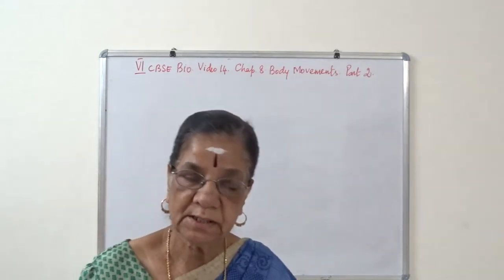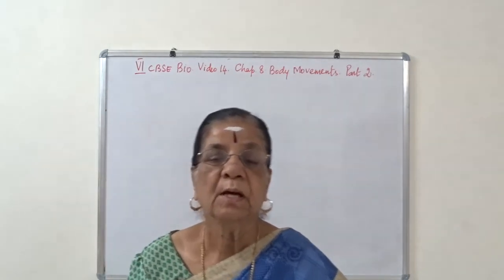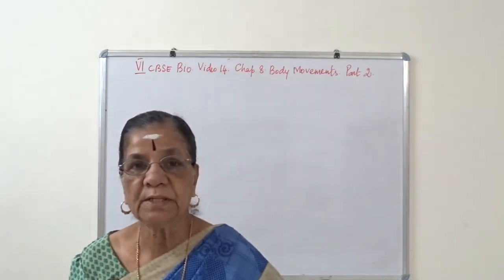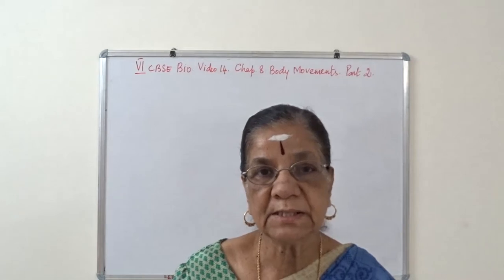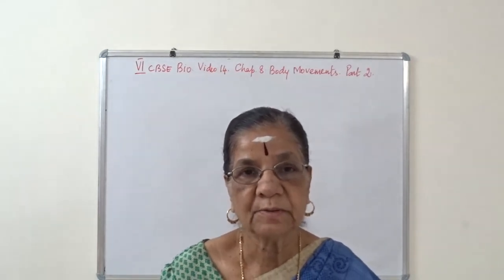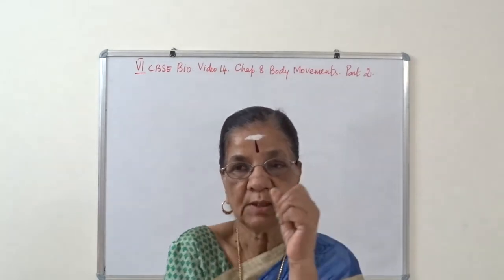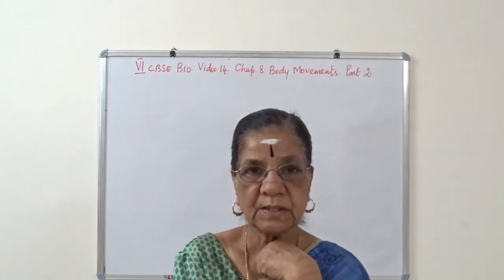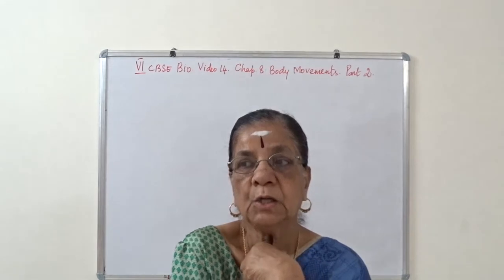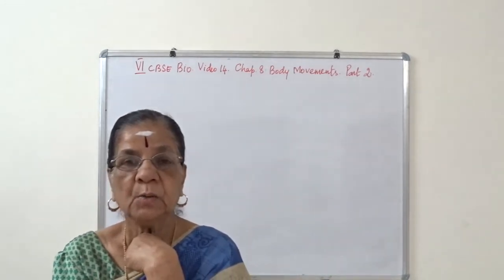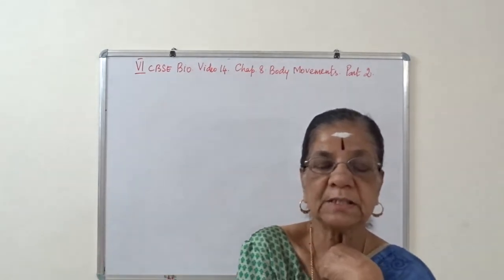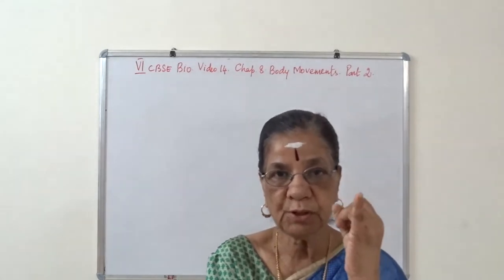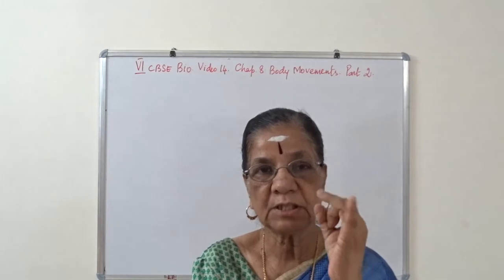We are continuing the lesson body movement part 2. Yesterday we learned what locomotion is, and what movement is. Locomotion is the movement of animals from place to place in search of food, in search of shelter.